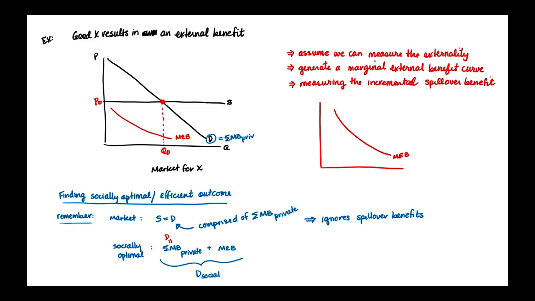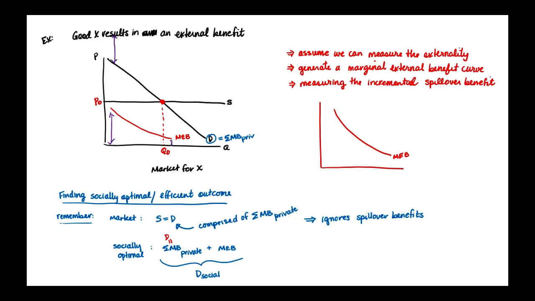What do we need to add together to generate this social demand curve? I need to start with my demand curve and add what? My marginal external benefits. All right, so let's do that. I want to take this distance right here and add it.